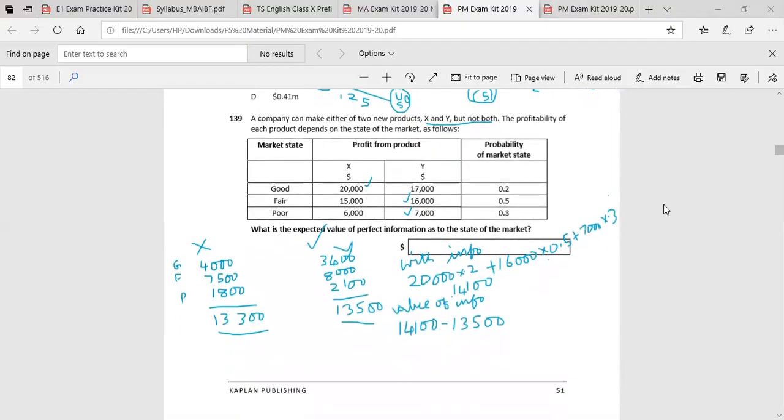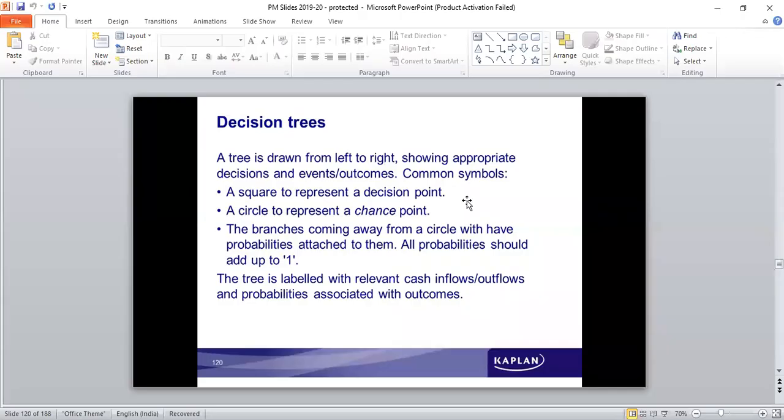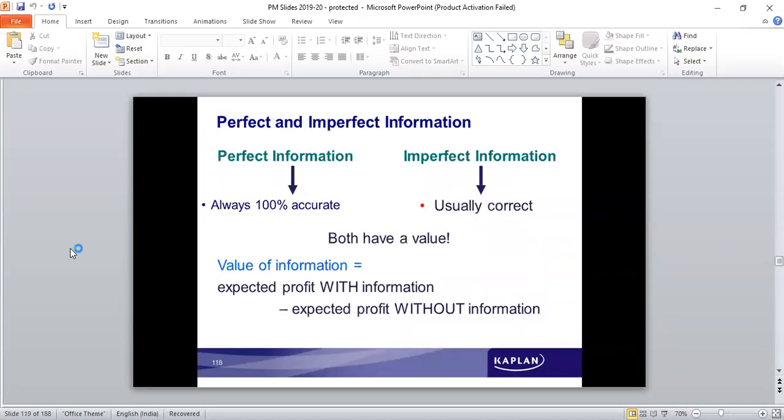A company can make either of two new products X and Y, but not both. The profitability of each product depends on the state of the market as follows: profit from product X, Y, and the probability of the market state. What is the expected value of perfect information as to the state of the market? So, what is the value of information?